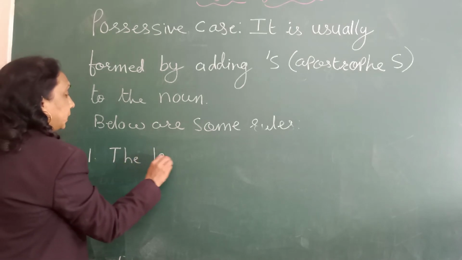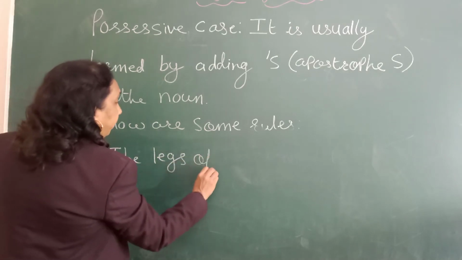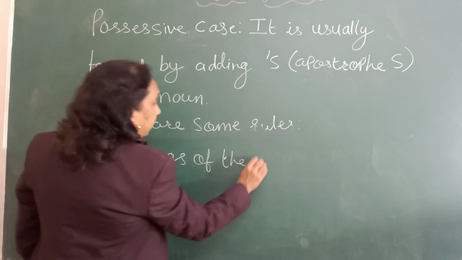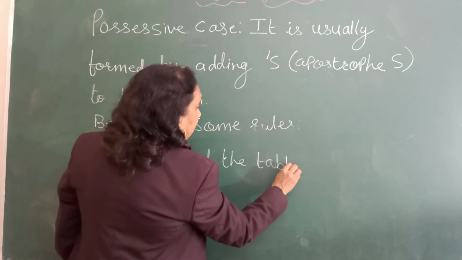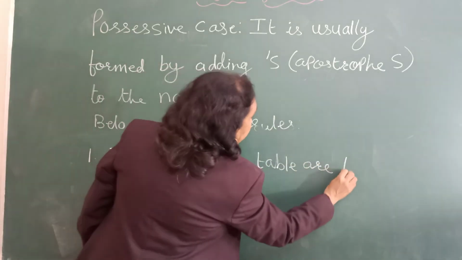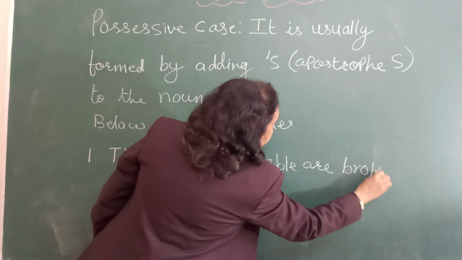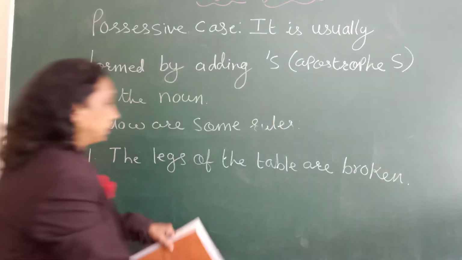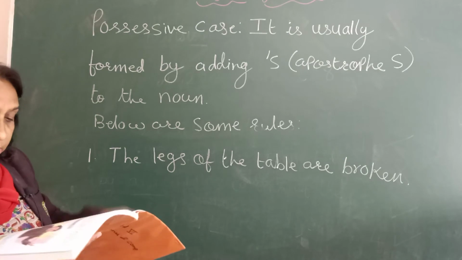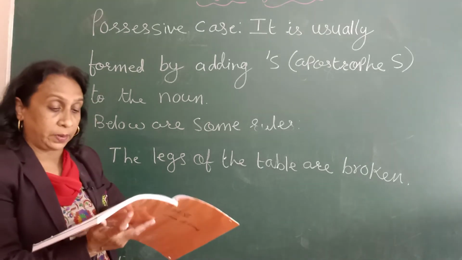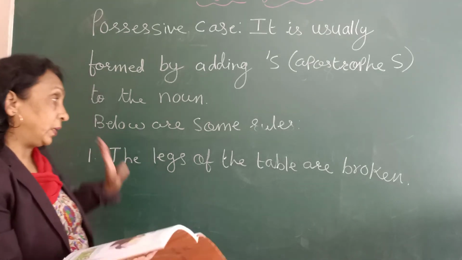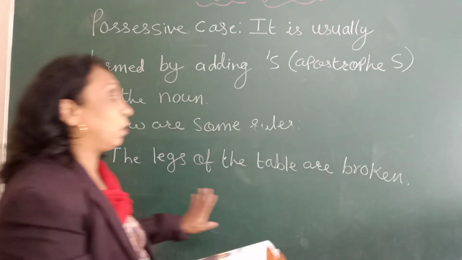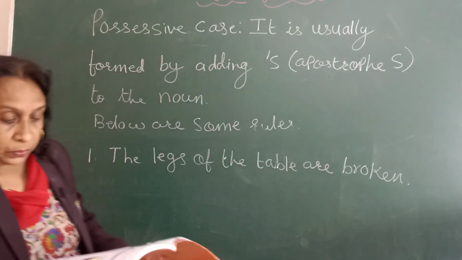The legs of the table are broken. Yes? The legs of the table are broken. What is the correct sentence? The legs of the table are broken.